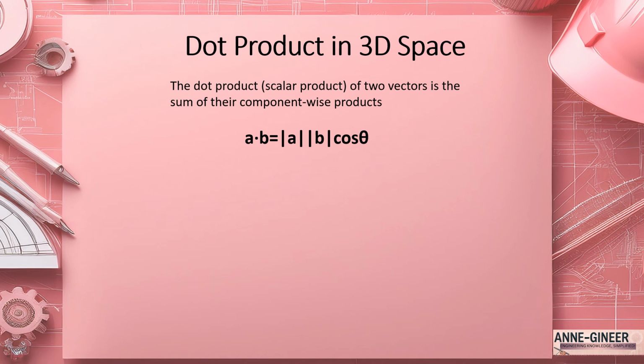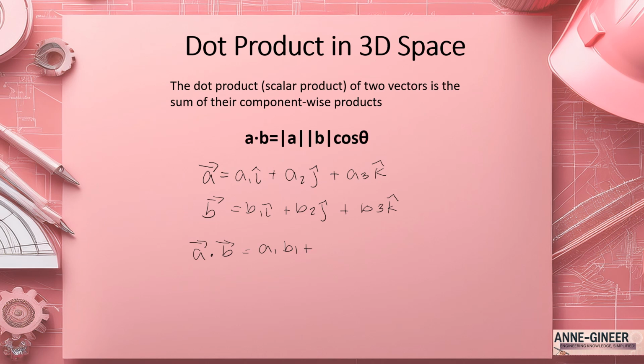Or another formula: for vector A, which is A1 i plus A2 j plus A3 k, and for vector B, just B1 i plus B2 j plus B3 k, the dot product of vector A and vector B is equal to A1 times B1 plus A2 times B2 plus A3 times B3.